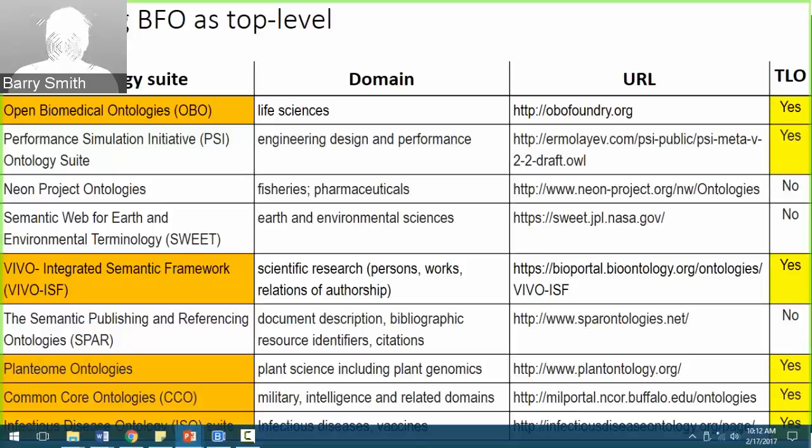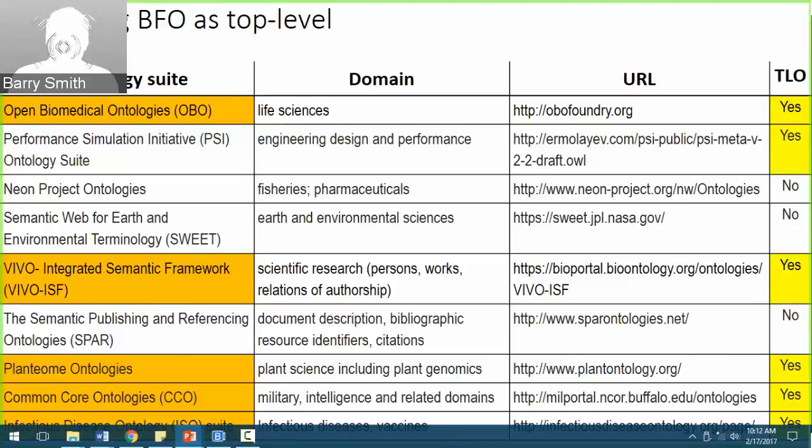Some of these suites are very large. The Common Core Ontologies is now a very large suite of ontologies, which is being used by a number of very large organizations. The Open Biomedical Ontologies at the very top is the inspiration, if you like, for the idea of the IOF Foundry.